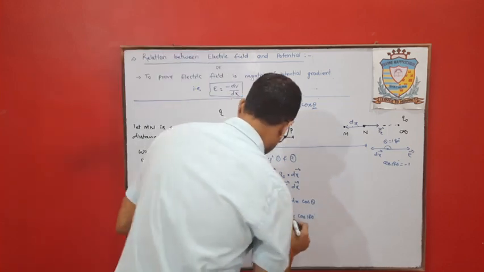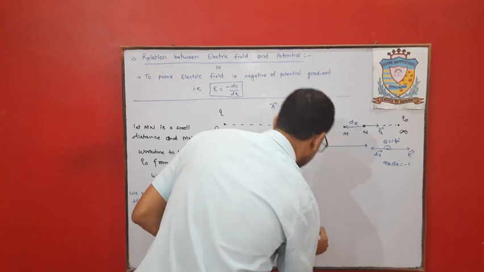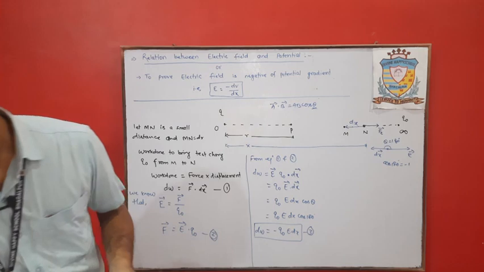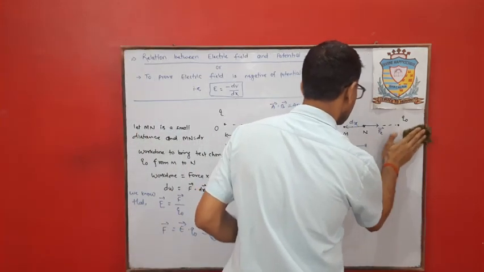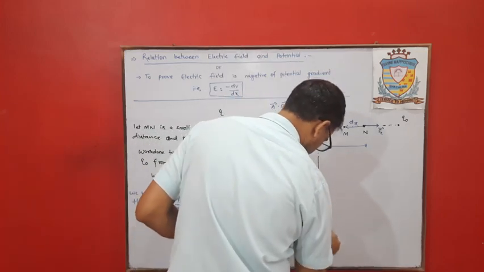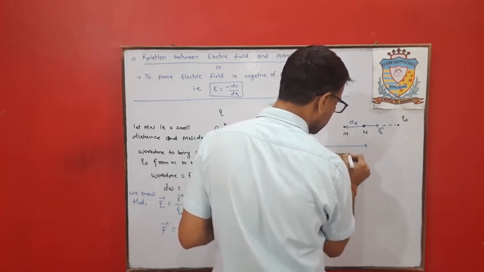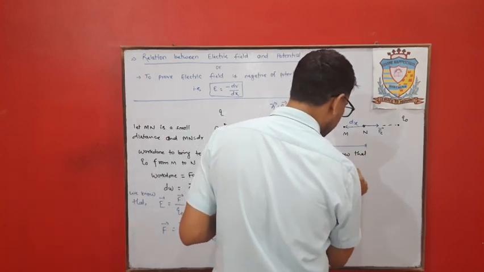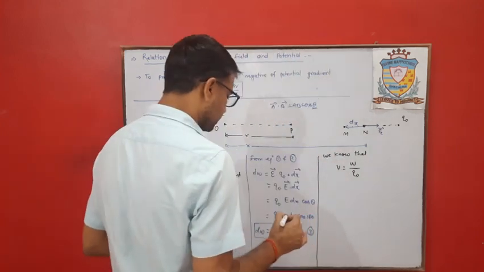Let it be equation number 3. Now again, we know that potential V is equal to work done W upon test charge.